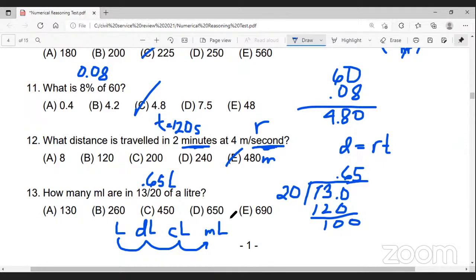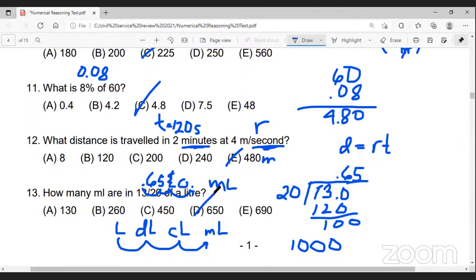The number of zeros in 1,000 signifies the number of places you move the decimal point to the right. So add a zero to make it 650. So this is liters, and from liters it becomes 650 milliliters.